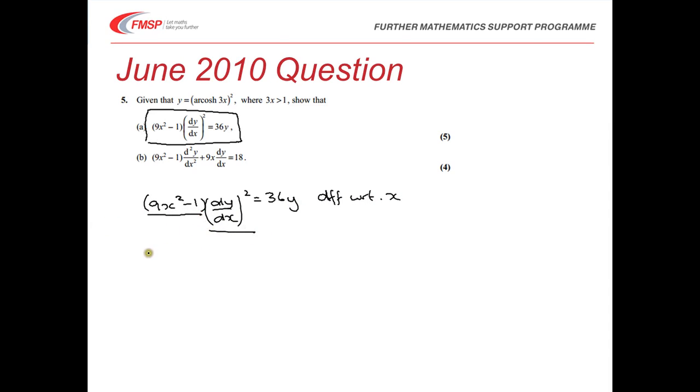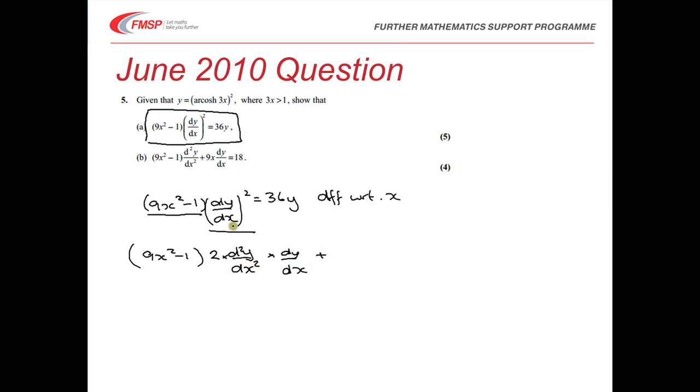So let's have a look at that. So we're going to have 9x squared minus 1, and then we're going to need to differentiate dy by dx squared. So again, this is the chain rule. So the 2 comes down, we differentiate that bracket, which will give us the second derivative, and then we're going to have the bracket, but just the power of 1 this time.